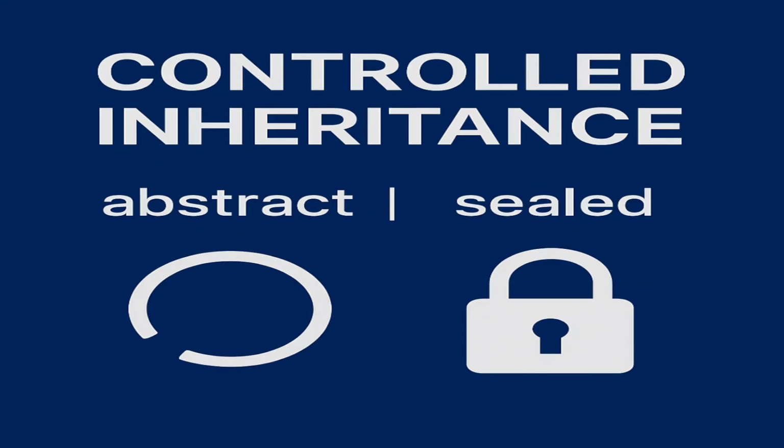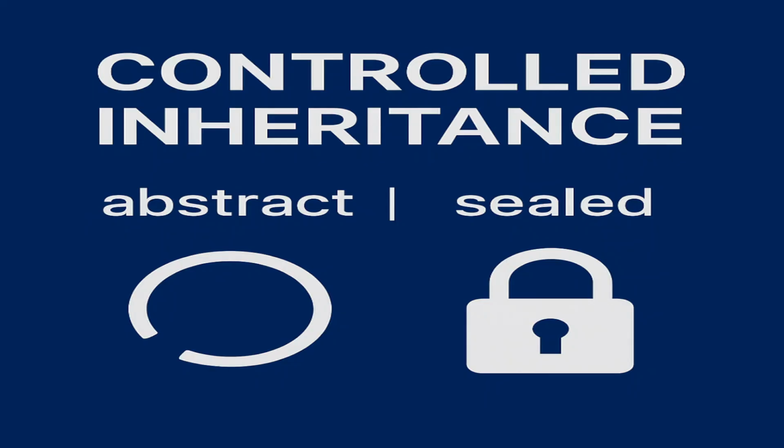In abstract, there is a small space left, which means there is some space where you can extend it. So how can we define what exactly is abstract and what is sealed, and how it is related with inheritance? Abstract is a class that cannot be instantiated directly.